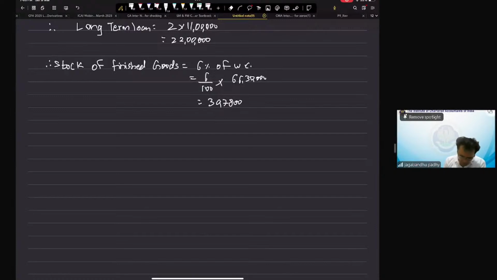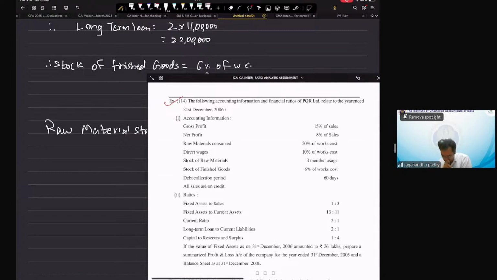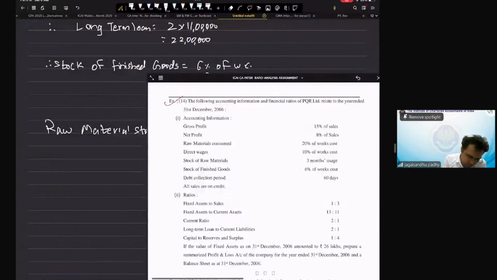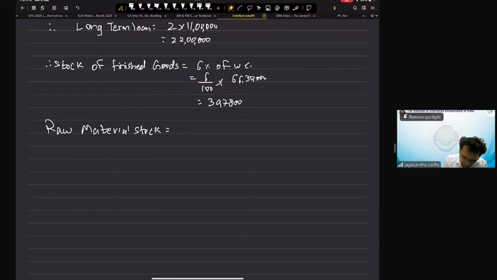Then stock of raw material. How much is the raw material stock given? Raw material stock is 3 months usage. So we need to get first the usage or raw material consumption.